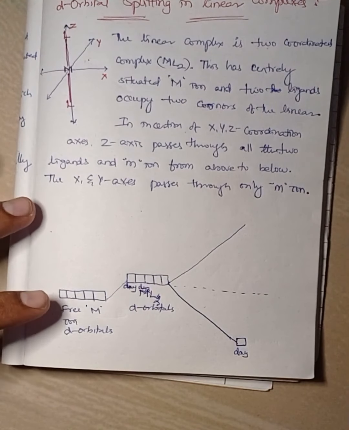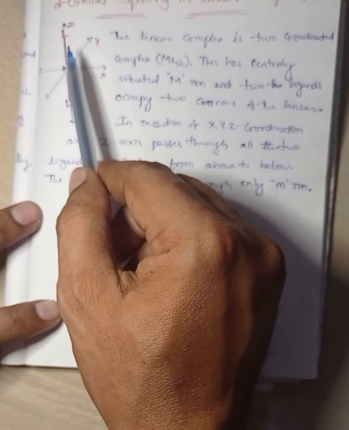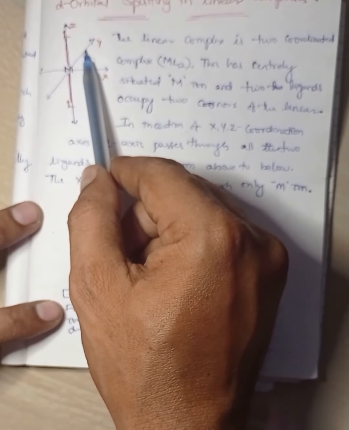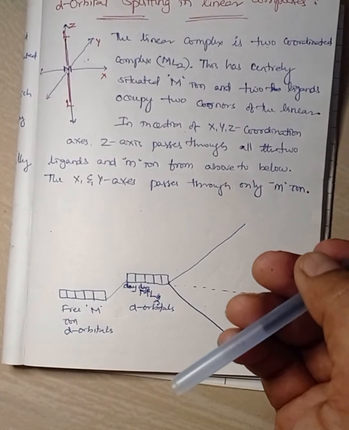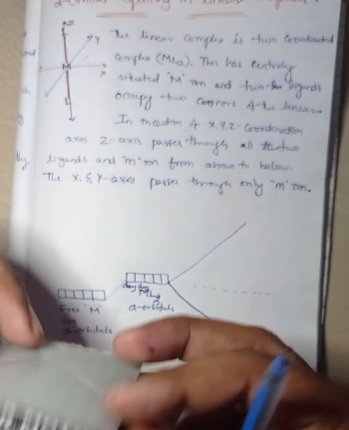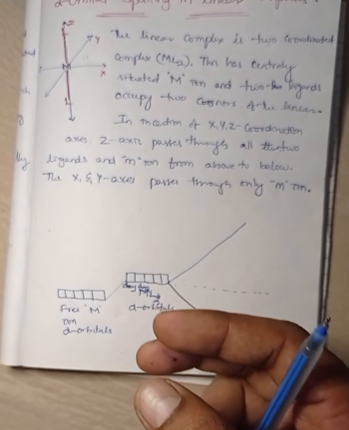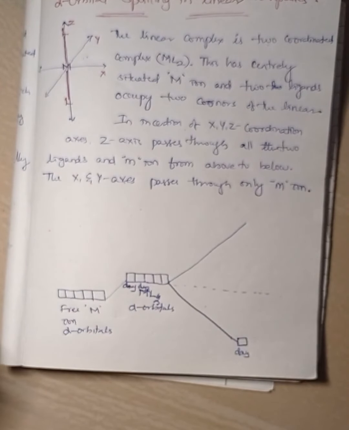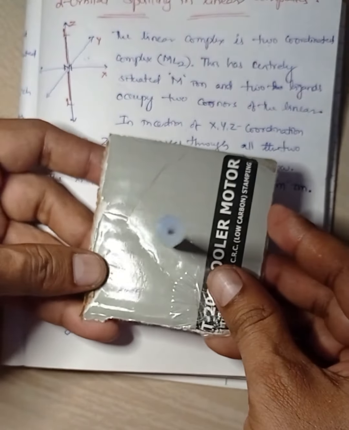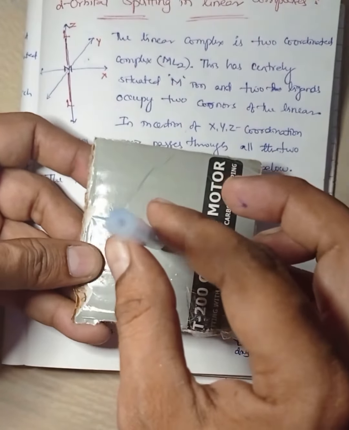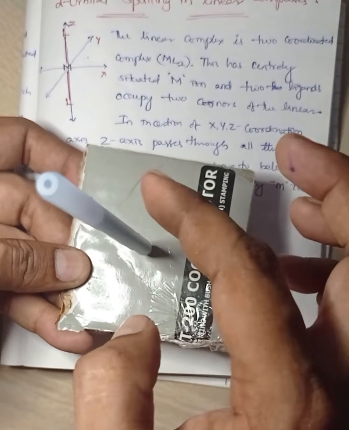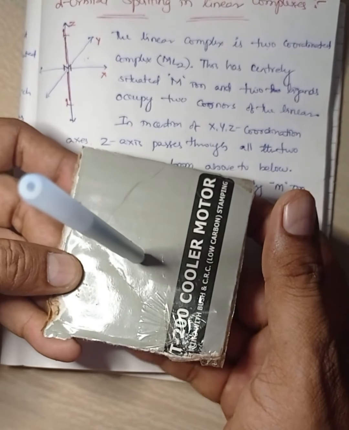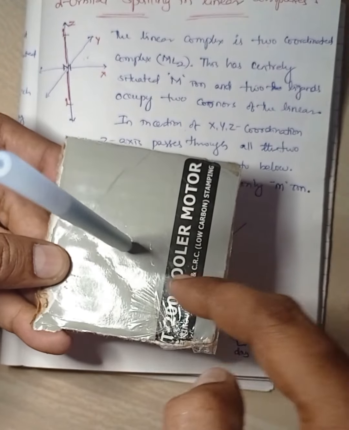Now the next orbital, dyz, has its lobes in between the z and y axes. Consider this pen, which is above and below as it is a linear complex. At the middle is the metal, with one ligand above and another below.